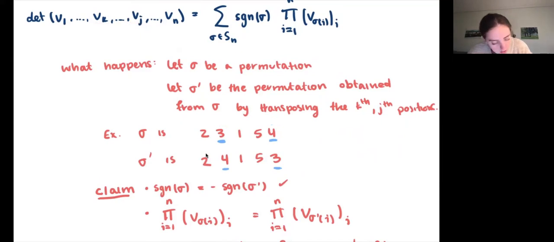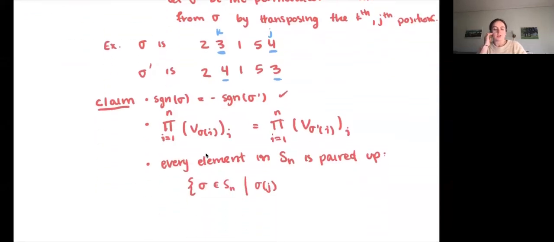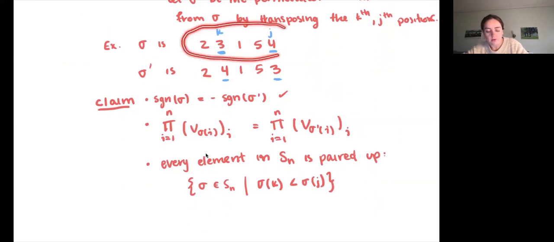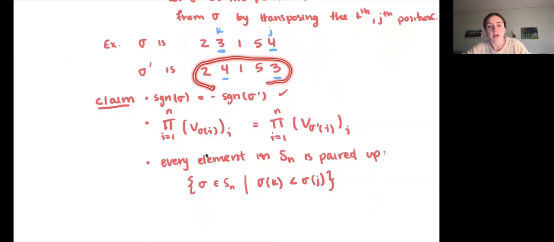I'll just call that one K and that one J. Okay, so let's look at the sigmas in Sn such that sigma of K is less than sigma of J. So for example, this one would be an element of this set, and this one would not be an element of the set.